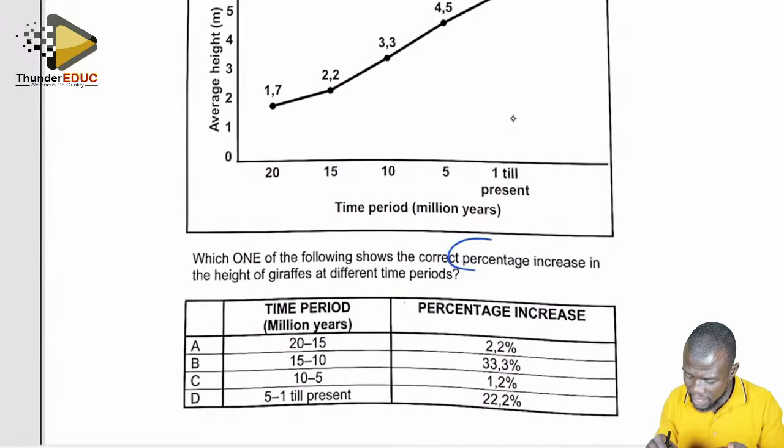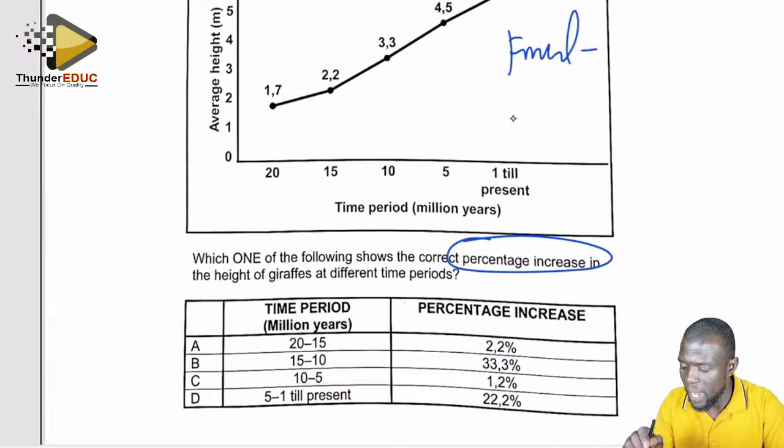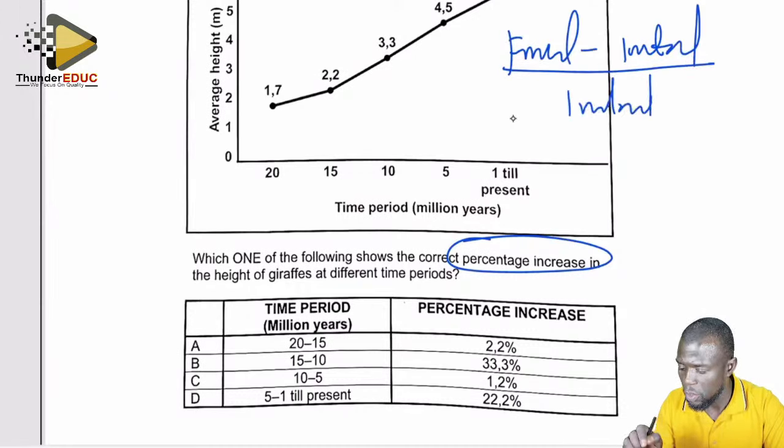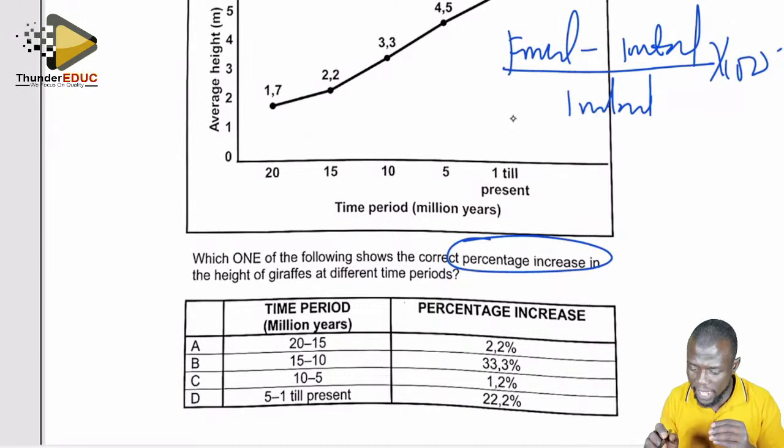Remember, percentage increase is final minus initial over initial, times 100. So I need to find the final and initial. From 20 to 15, from here to here.